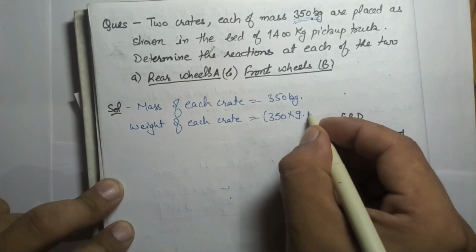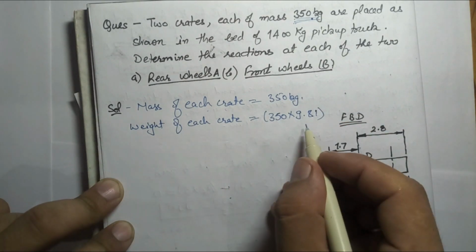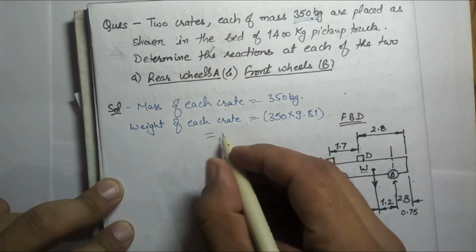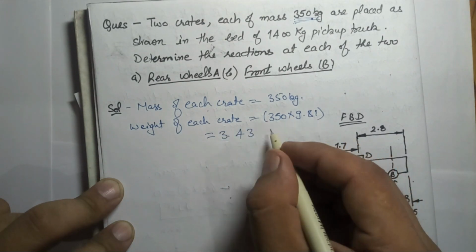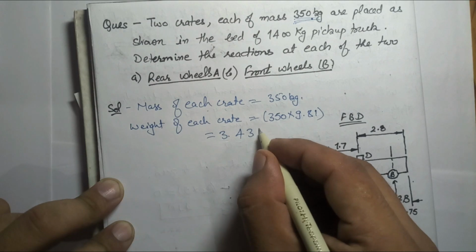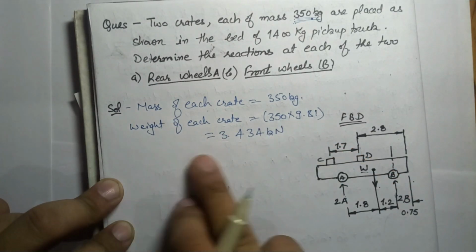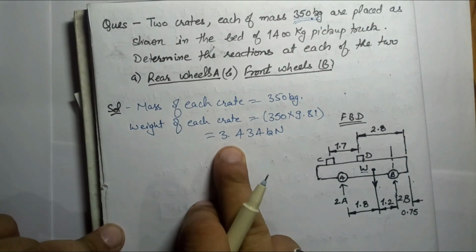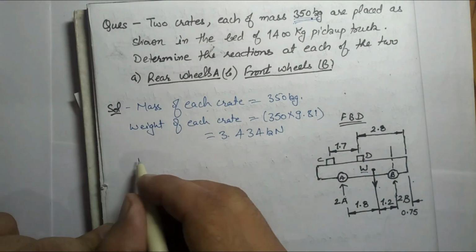No doubt you can do it with 10 also, as the value of g, but just to get exact values, we should take 9.81, then we have to take at least 3 decimal place values in calculations. So we get the weight, that is 3.434 kN for each crate C and D.